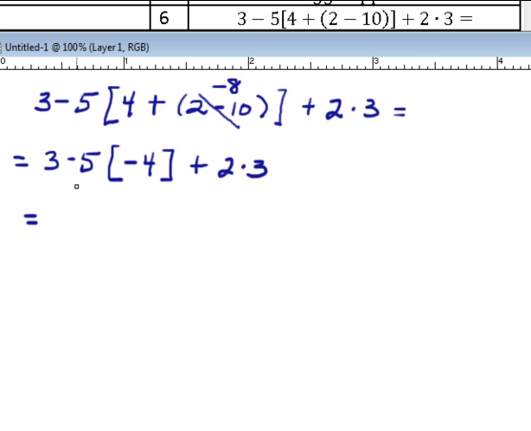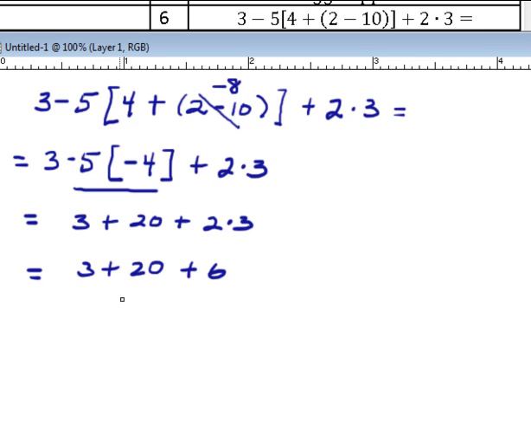And now we have this product, minus 5 times minus 4, which is plus 20. So we have 3 plus 20 plus 2 times 3. And now the multiplication, 2 times 3 is 6, so that's 3 plus 20 plus 6, which is equal to 23 plus 6, so we have 29.